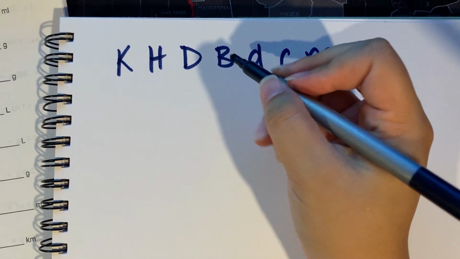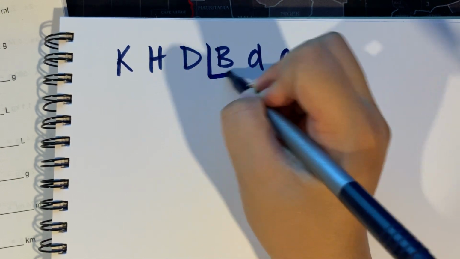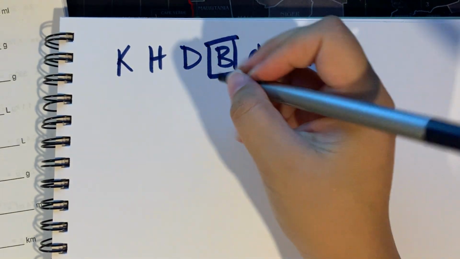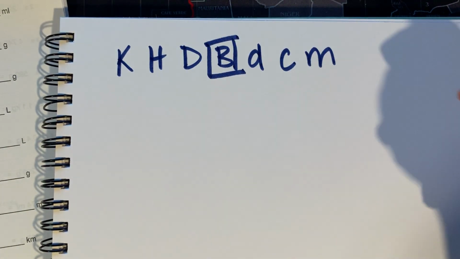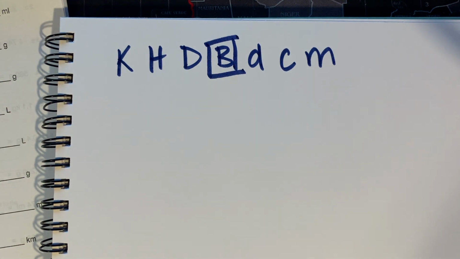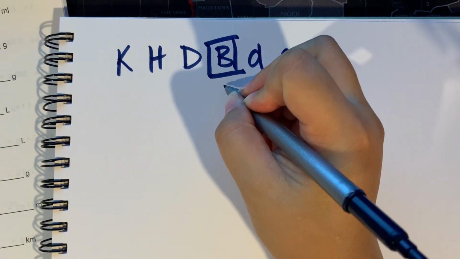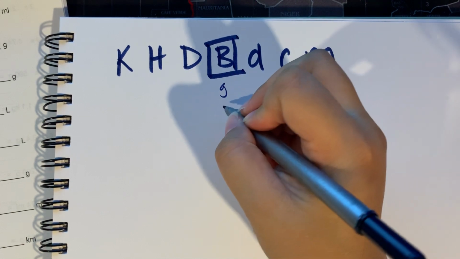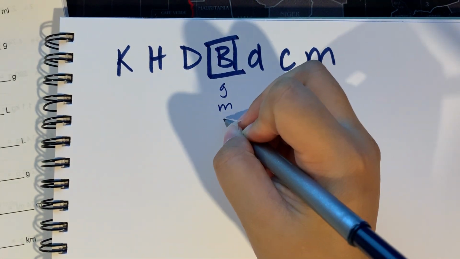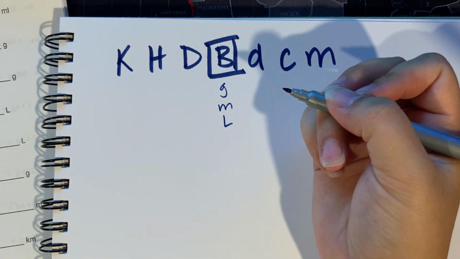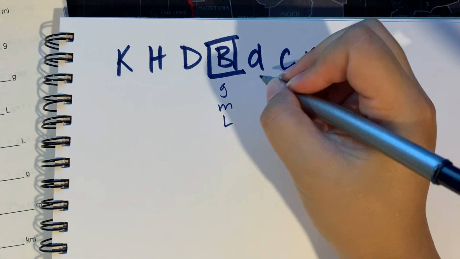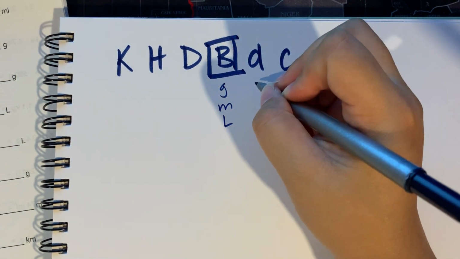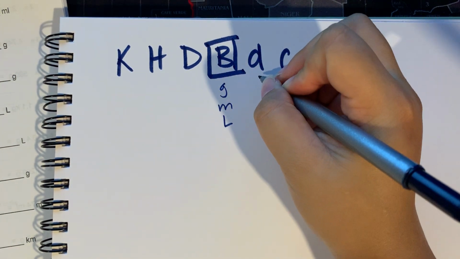Your B is your base. Base as in this is your grams, meters, and liters. D is your deci.